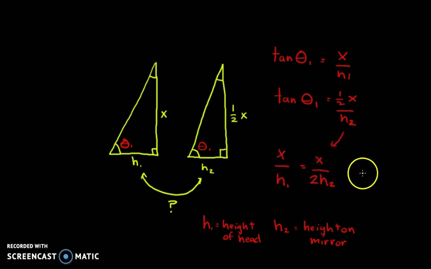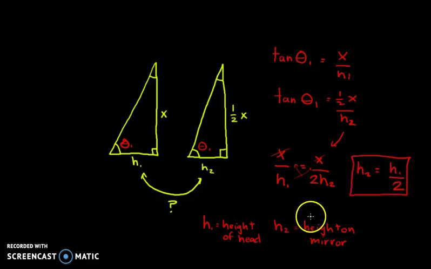So that means h2, the height on the mirror, would be equal, if you look at that, I can bring this one up, these guys can cancel, and I'm left with the height of my head divided by 2. That's all it is. And notice I didn't seem to care about what distance I'm from. So this must be workable for any situation.